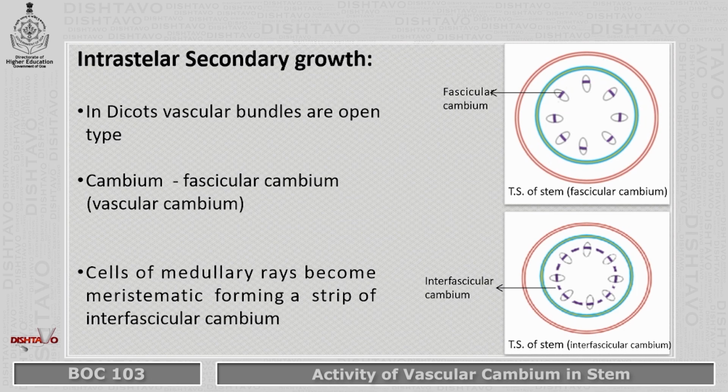in dicot plants, the vascular cambium is present between phloem and xylem. This cambium is called the fascicular cambium.